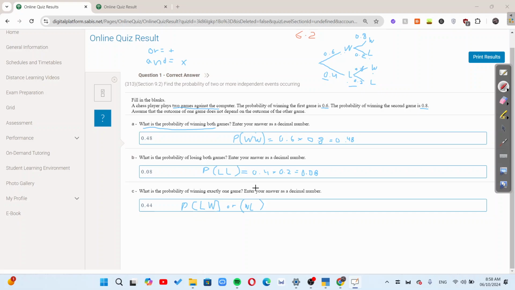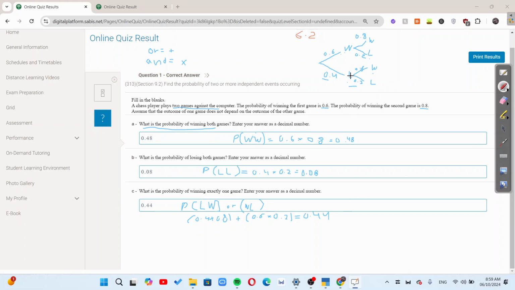So lose-win is 0.4 times 0.8 in brackets, plus win-lose, which is 0.6 times 0.2. Once you do all that on your calculator, you should get 0.44, which is your answer.